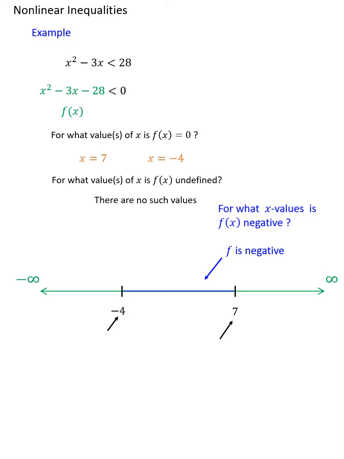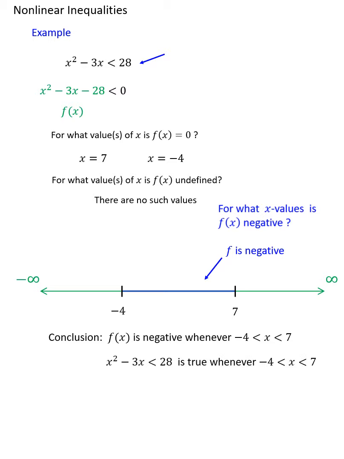If you take all of the information that we've discussed about this problem, the conclusion is that this function is negative exactly when x is any number between negative 4 and 7. But remember, the function being negative, we decided, was equivalent to the inequality being solved up here, the original one. And therefore, the conclusion leads us to the fact that that inequality must be true exactly when x is between negative 4 and 7.